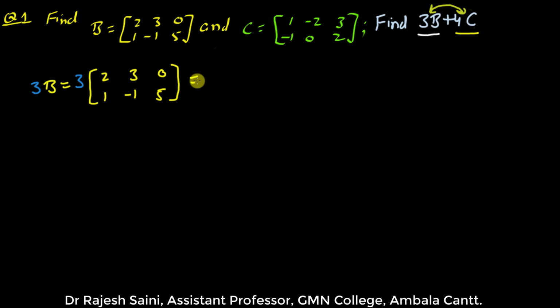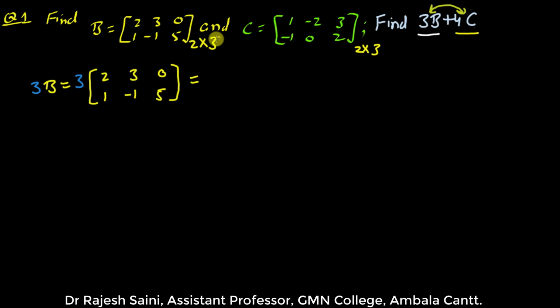We have to multiply the scalar with the matrix, and this matrix has 2 rows and 3 columns. Similarly, this matrix has 2 rows and 3 columns. Both matrices have the same number of rows and columns, therefore matrix addition is compatible. Compatible means both matrices can be added with one another.